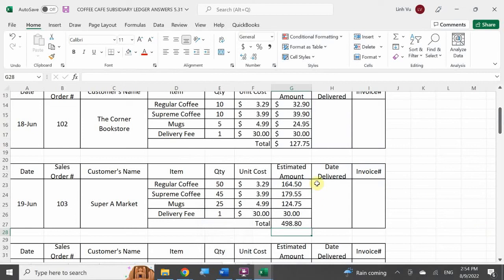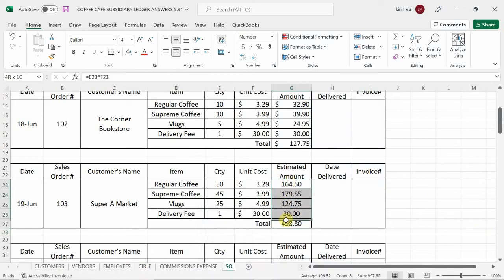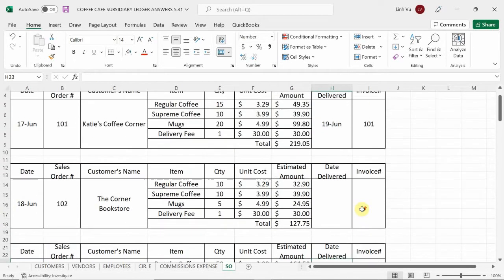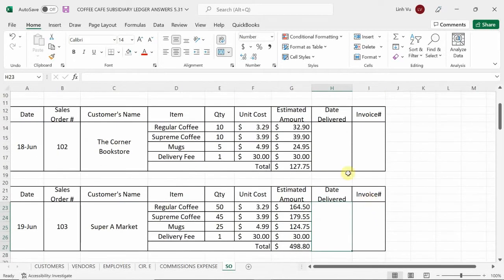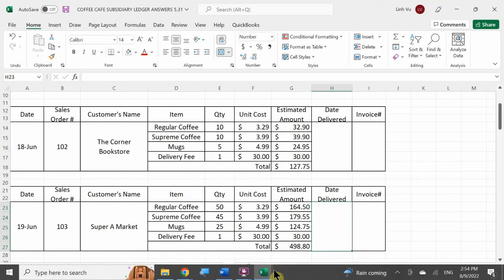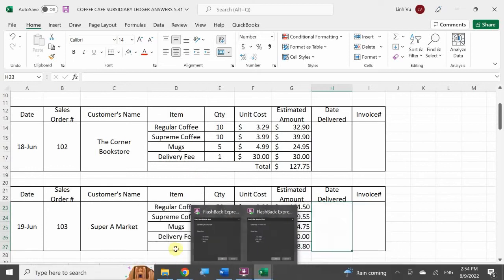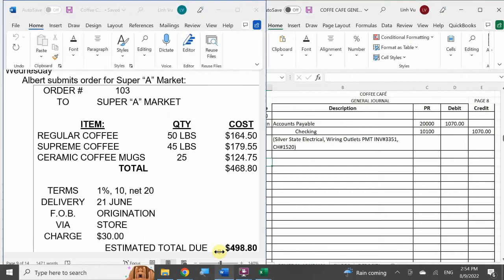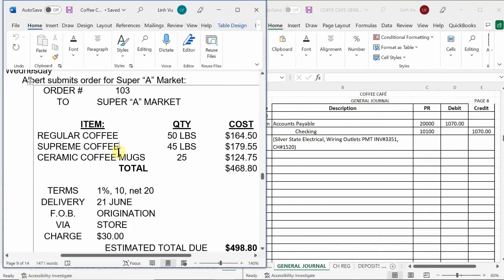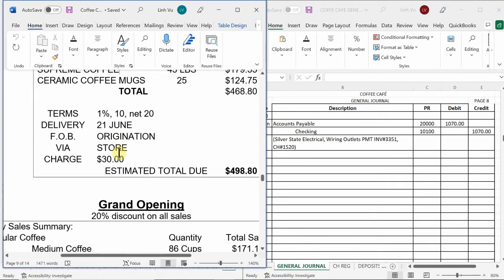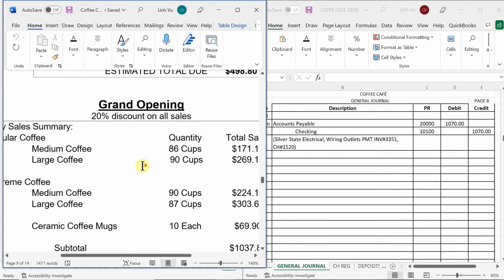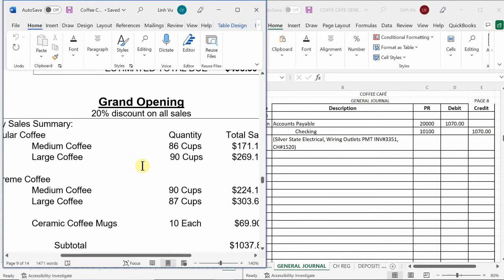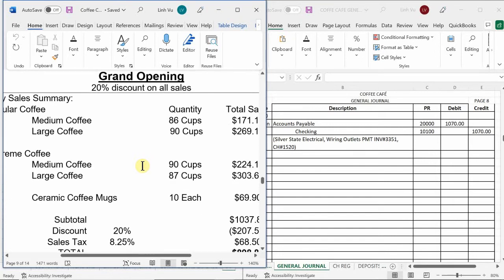Okay. I'm done with them until it's delivered to them, and they can cancel at any given time. So there we go. We submitted Super A Market's order.